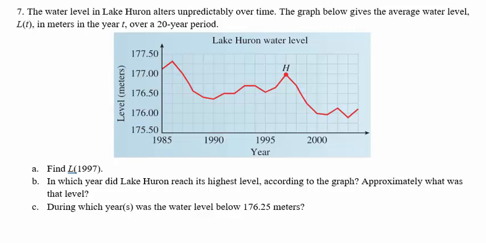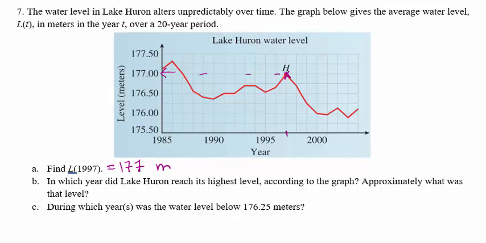Okay, so we look on the horizontal axis to find 1997, and then locate the point on the graph and determine what that water level is. And so referring back to the vertical axis, we see that's 177. And that is in meters.